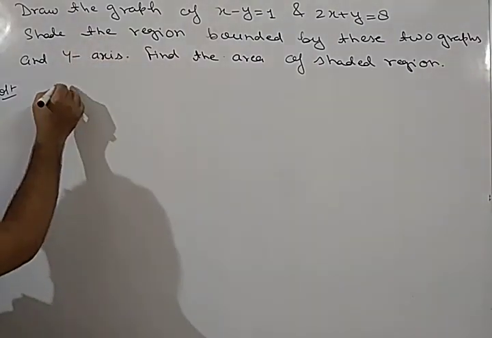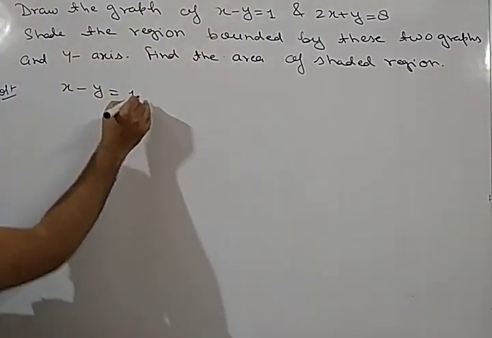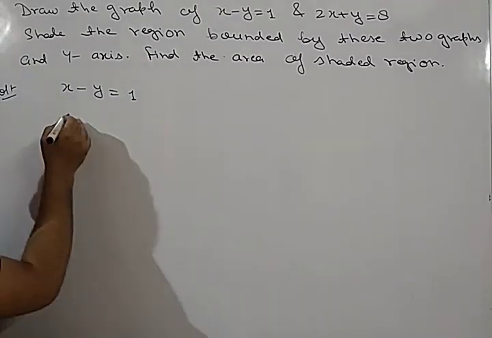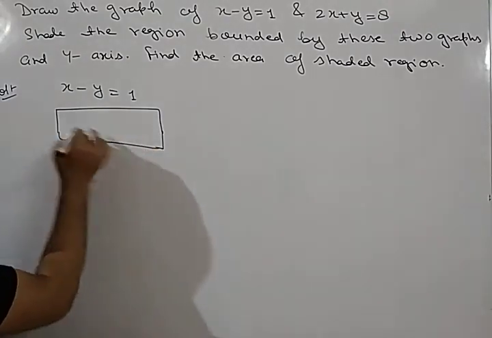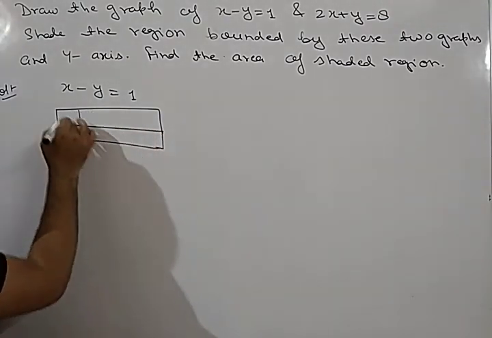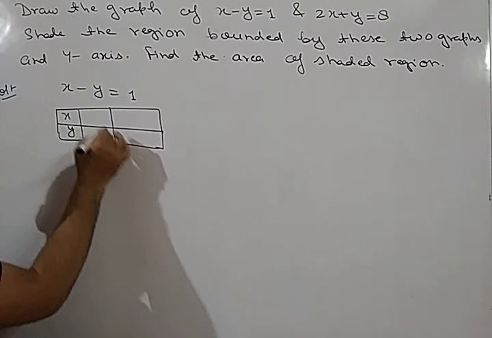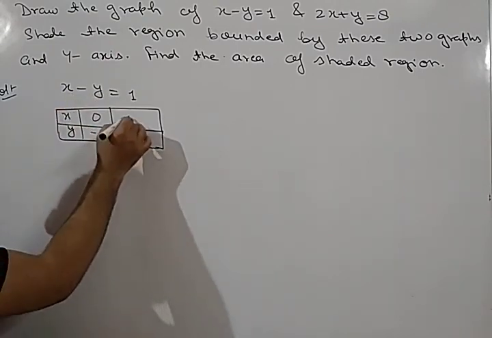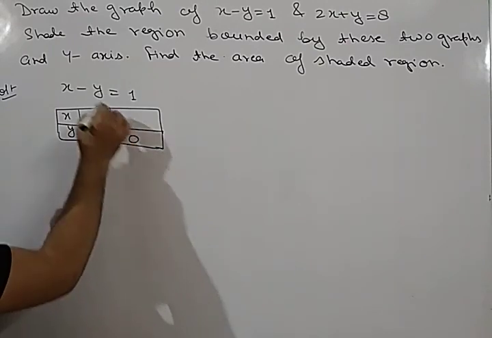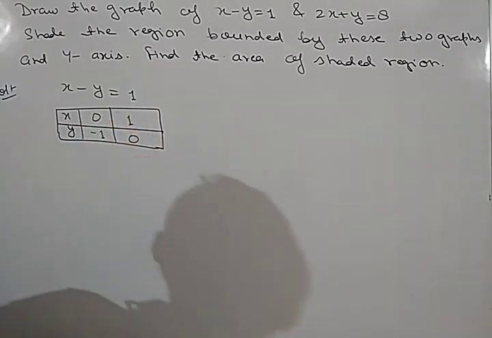So first equation is x minus y is equal to 1. Now let us draw the table first. It is x and y. If we take x equal to 0, then y will be equal to minus 1. If we take y equal to 0, then x will be equal to 1. So these are two ordered pairs for the first equation.